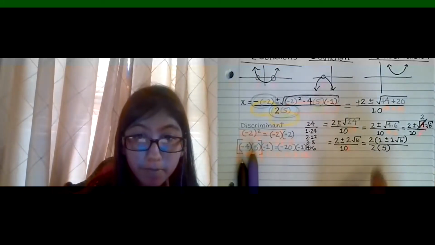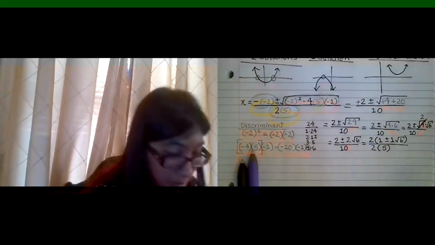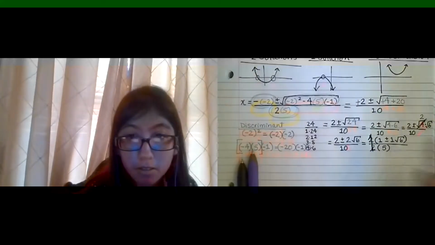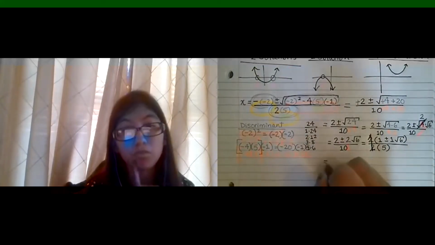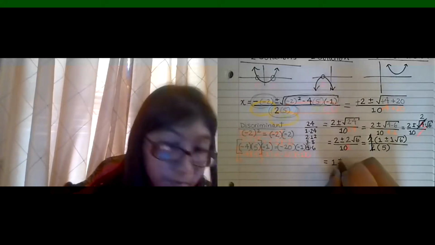Times 5. Cassie, do you remember what happens whenever you have 2 over 2? Reduces to 1. Oh, you make me so happy. It does reduce to 1. So in that case, all this inside the parentheses, that's your final answer. So you would write your final answer as 1 plus and minus, square root of 6.